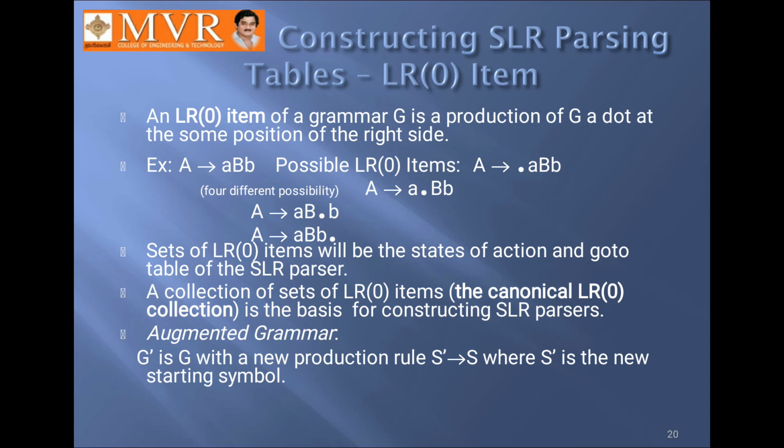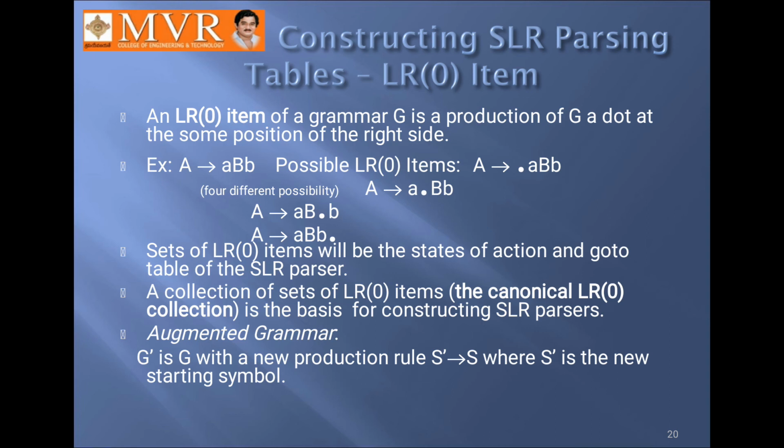An LR parser makes shift-reduce decisions by maintaining states to keep track of the parsing state. Each state represents a set of items. This is about LR(0) parser or SLR(1) parser. We have seen this. Tomorrow we will see the LR(1) parser algorithm, how to implement it and how to solve problems on the LR(1) parser.